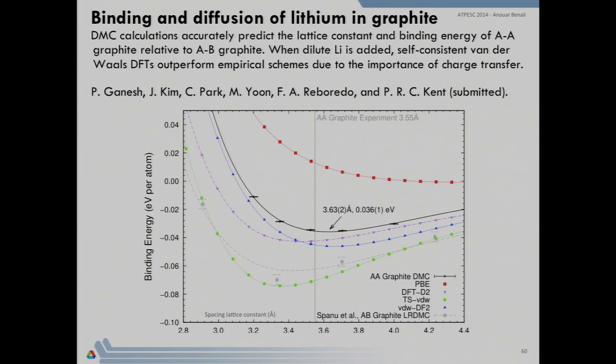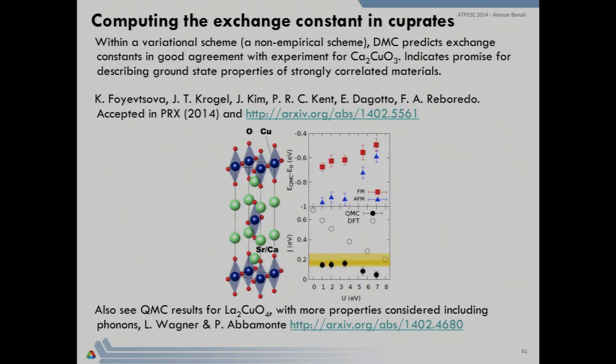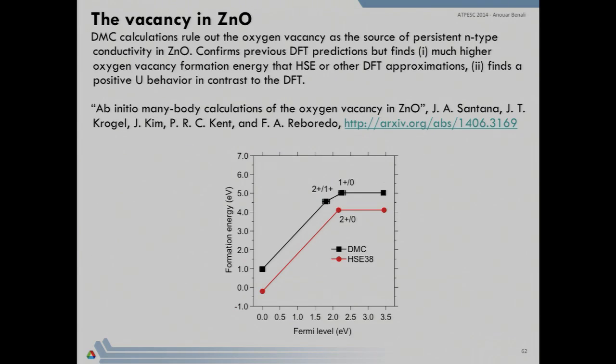Again, there are multiple applications using QMC, with very broad range. This one is for the exact exchange, computing the exchange constant in the cuprates. So the applications can go from material science to semiconductors to batteries to biology.